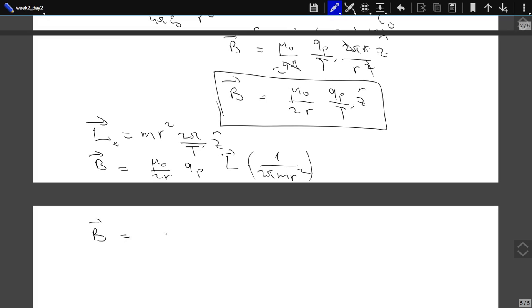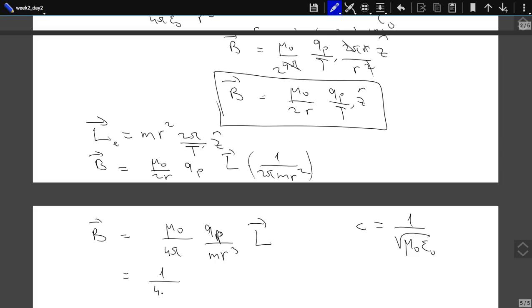So the magnetic field is, let's see, mu 0 over 4 pi, q proton over m r cubed, times L. Yes. Now c is 1 over the square root of mu 0 epsilon 0.